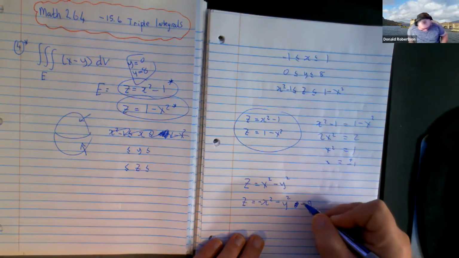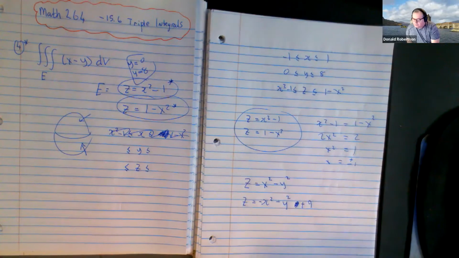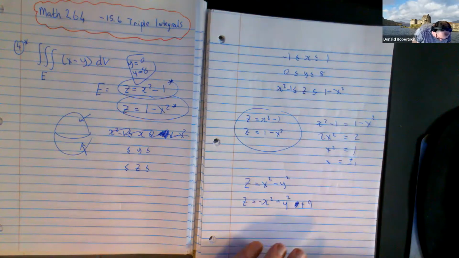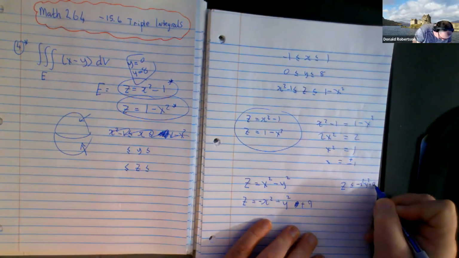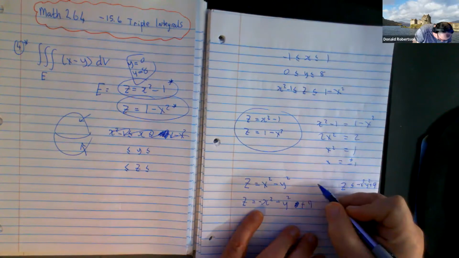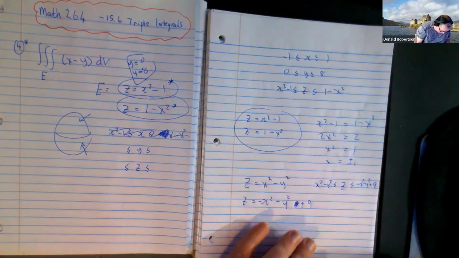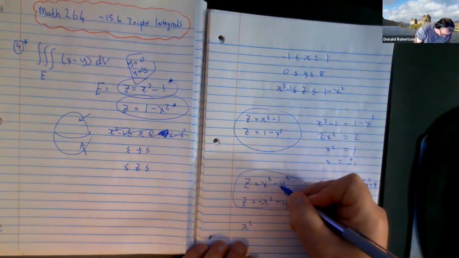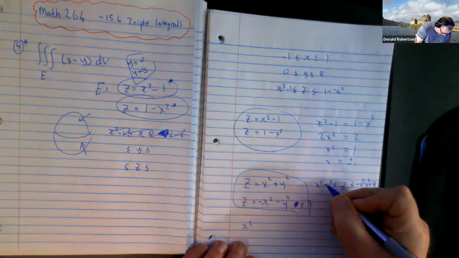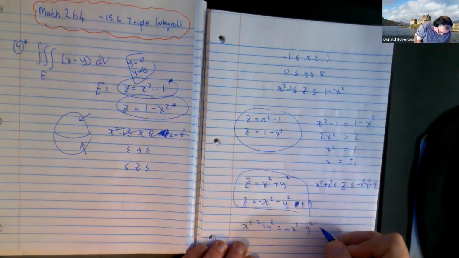There we go. Suppose I had this surface meeting up with that surface. Then my z's would go from negative x squared, negative y squared plus 9, and they start at x squared minus y squared. Now, if I set those two equal, and I hope I've done this question the right way around, you get x squared plus y squared equals negative x squared, negative y squared plus 9.